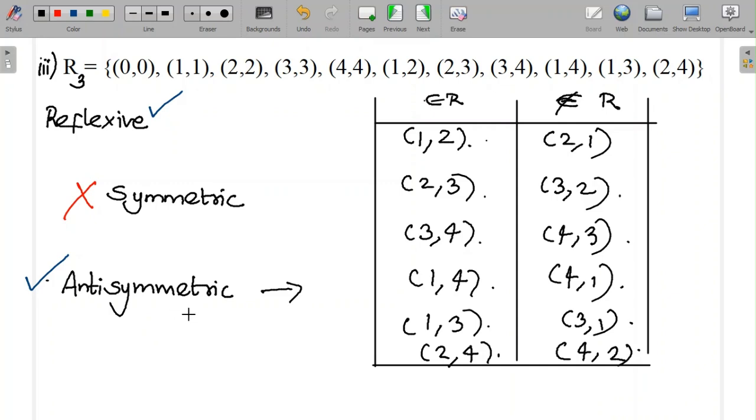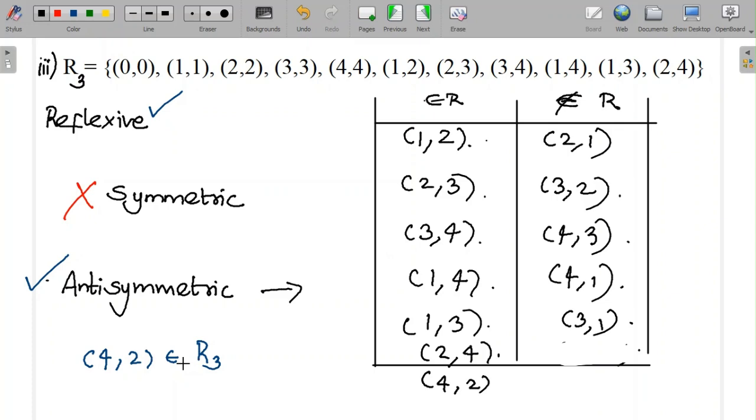Like I told you before, a relation not being symmetric doesn't mean that it is definitely anti-symmetric. For example, suppose we consider the case where 4, comma 2 is present in R3. Then the last case would be wrong because I have both 2, 4 and 4, 2 as part of the set. Therefore, for distinct choices of a and b, like 2 and 4, both pairs are present, so it is not anti-symmetric.